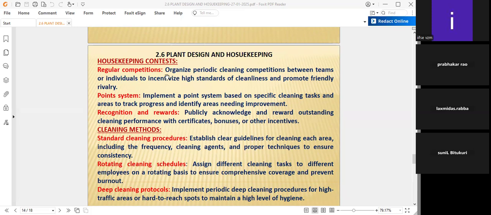Among the employees, we have to see that competitiveness is maintained during housekeeping maintenance, like on Republic Day, 26th January, or 4th March, when we honor the awardees. Maintain regular competitions, not only yearly but at least quarterly: all process departments in one group, all maintenance departments in one group, all civil engineering departments in one group.